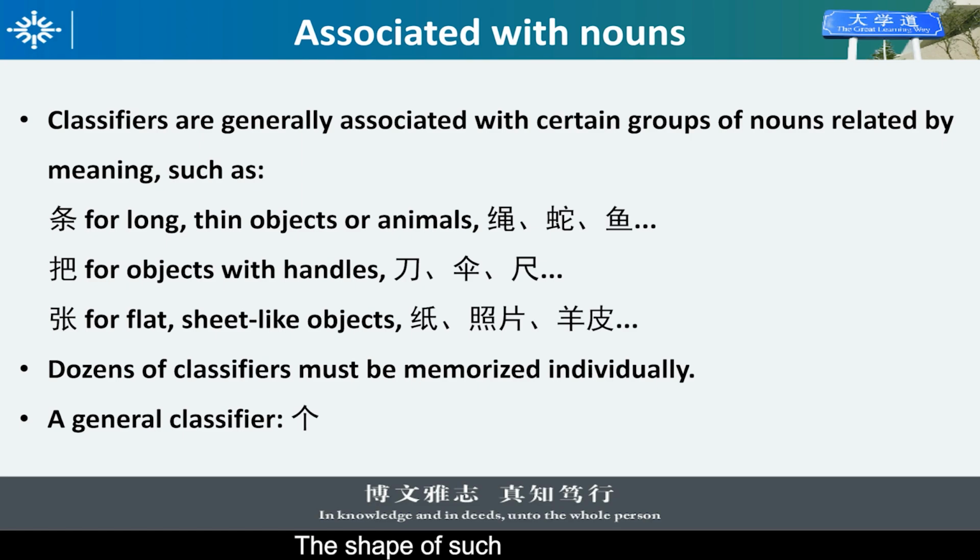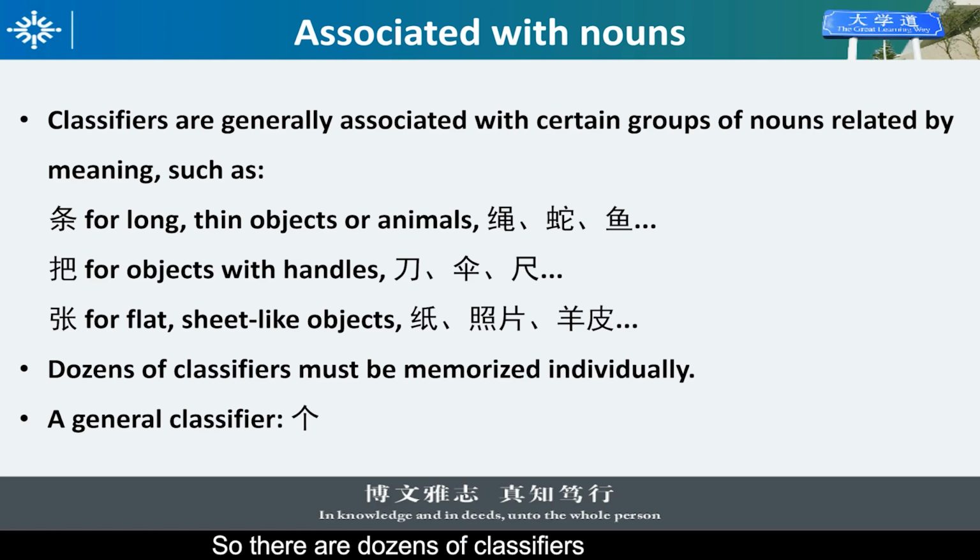The shape of such things are similar, long. And 把 can be used for objects with handles. 一把刀, you have a handle on your knife. 一把伞, umbrella or knife or ruler. 一把尺. Okay, 张 means flat, sheet-like objects that can be used with 一张纸, 一张照片, 一张羊皮, and so on.